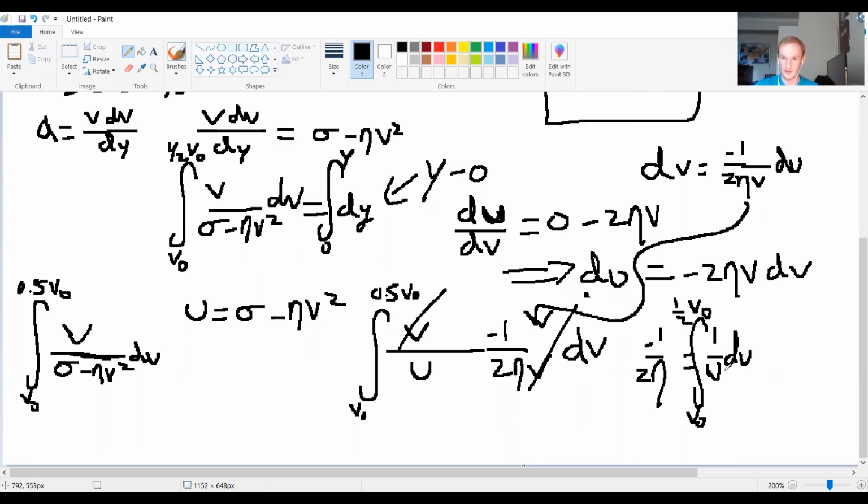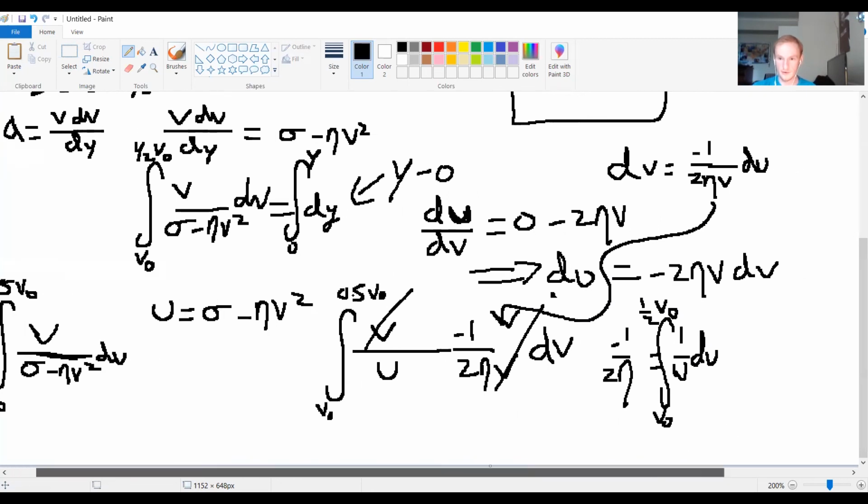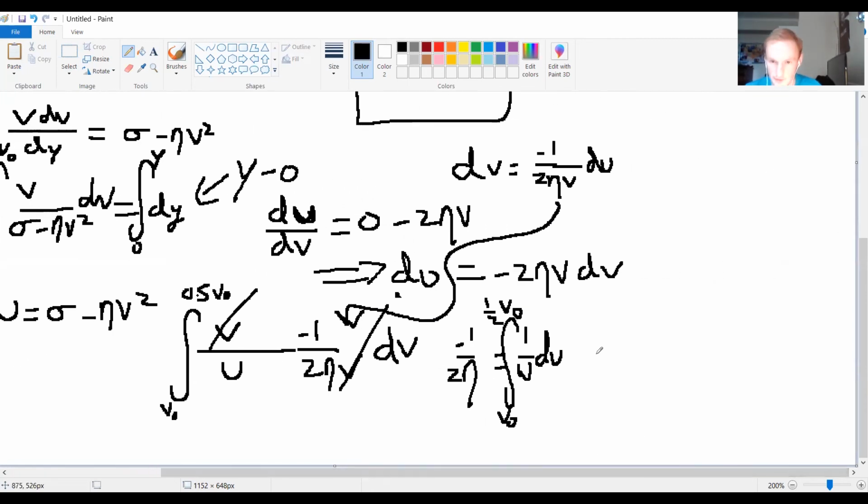Okay, so now we have this one, which hopefully you guys can see that it will just go straight to the natural log function of u from v0 to 1/2 v0. All right, so we're getting close.